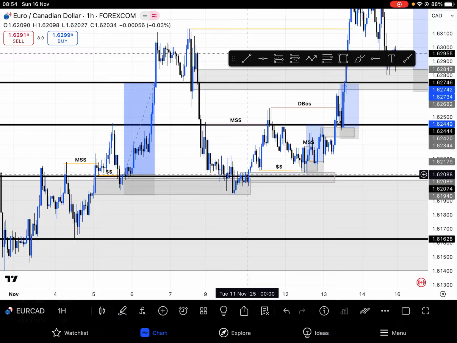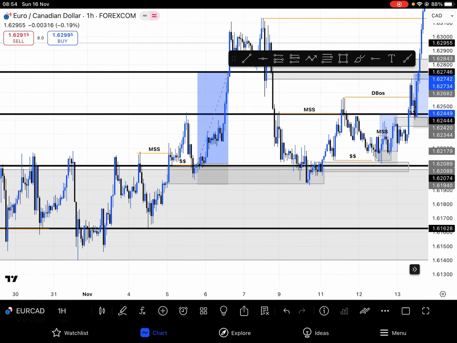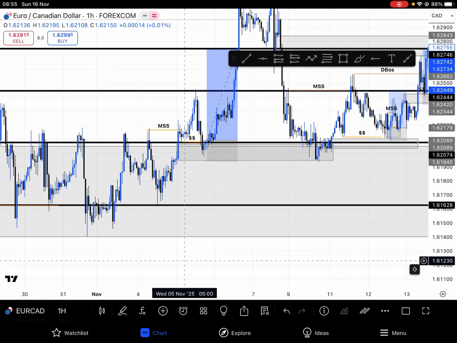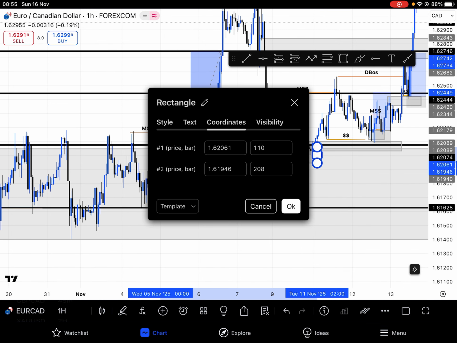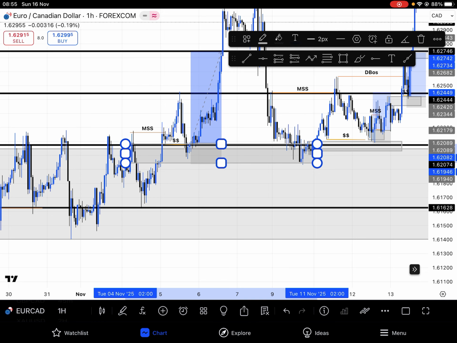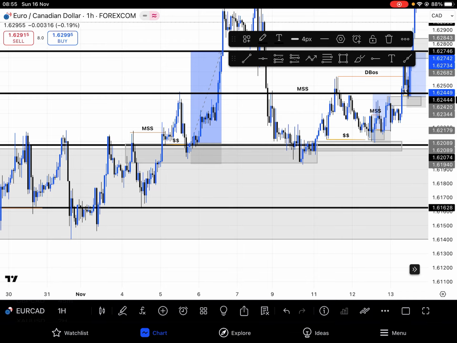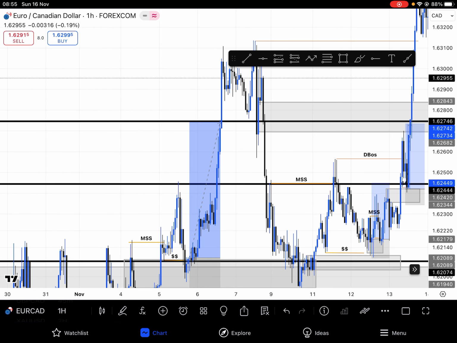If you look closely, inducement is the first pullback after a break of structure. So this happened, and then this breaker here on the 1 hour time frame was mitigated, and then it sold all the way up until this resistance zone.